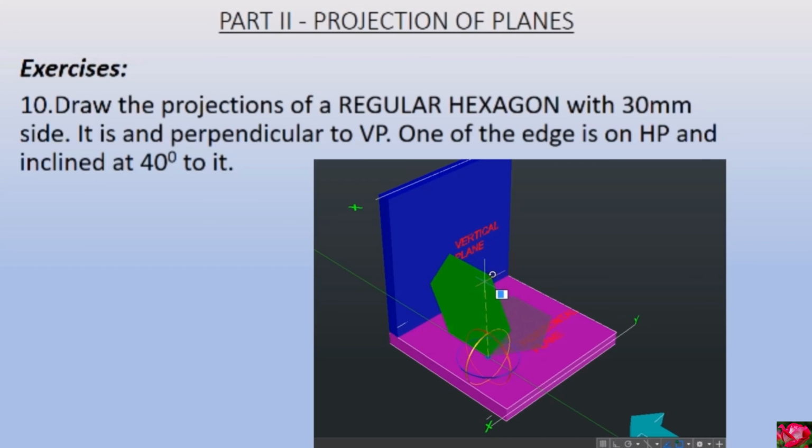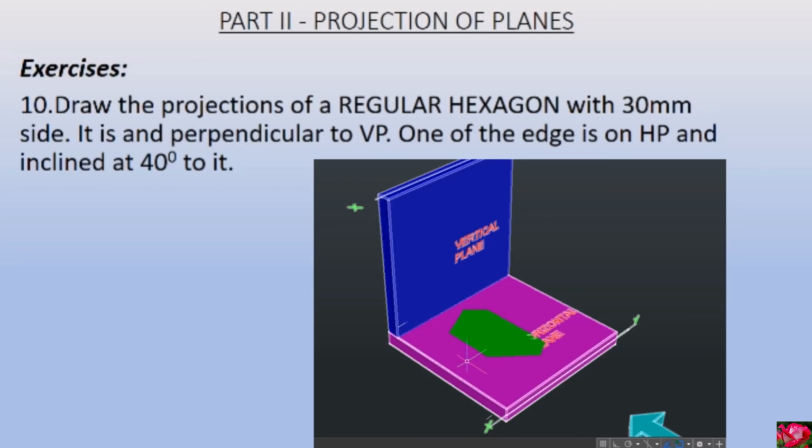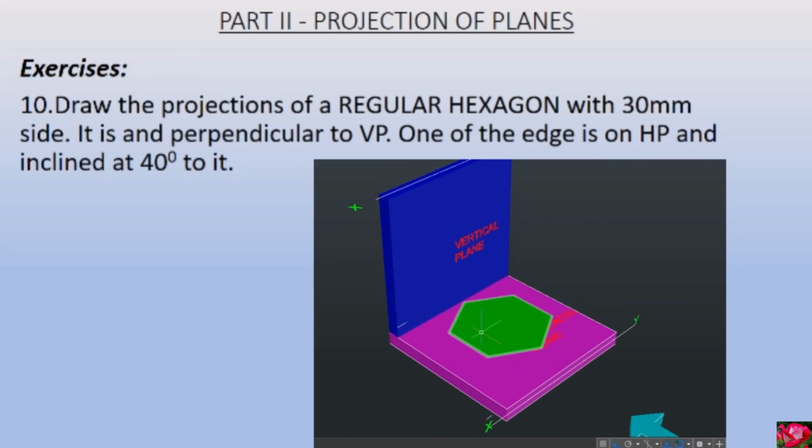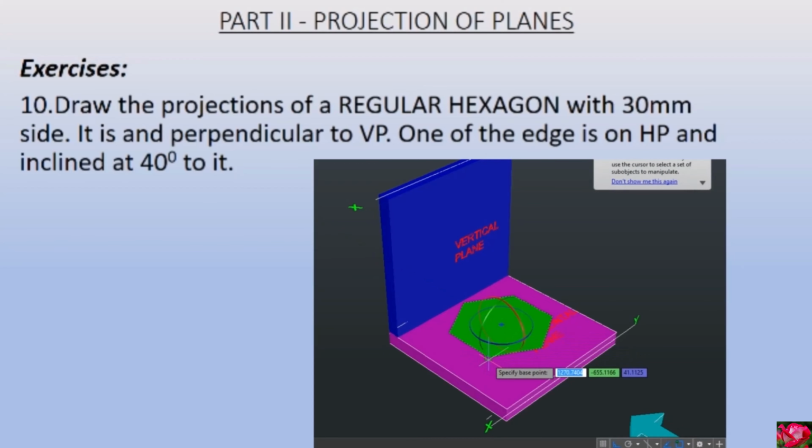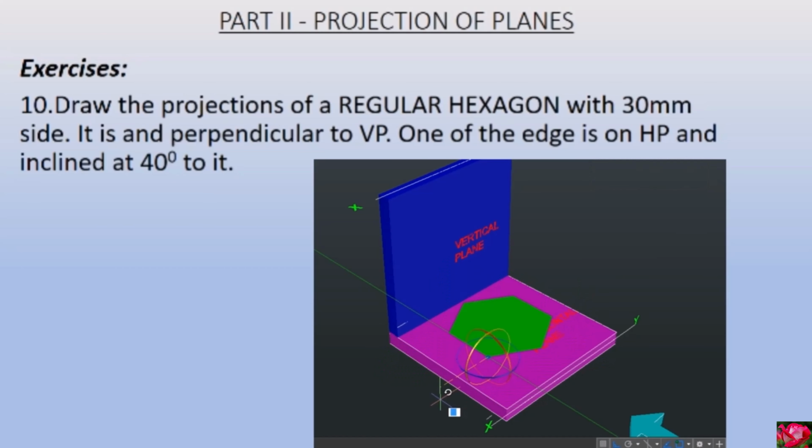So let us tilt this object in this position. So I have tilted this object.